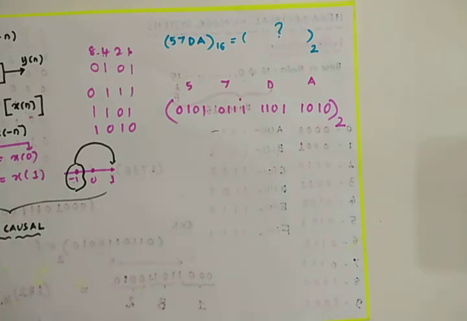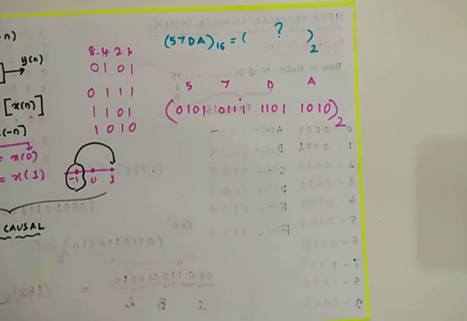In this way we can convert the hexadecimal number into binary form and the binary number into hexadecimal. In the coming session, I am going to explain all the number systems, including hexadecimal, octal, binary and decimal.